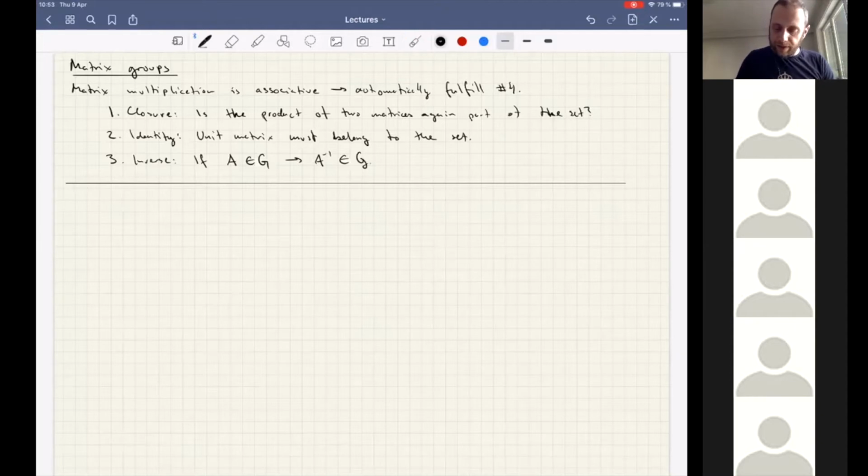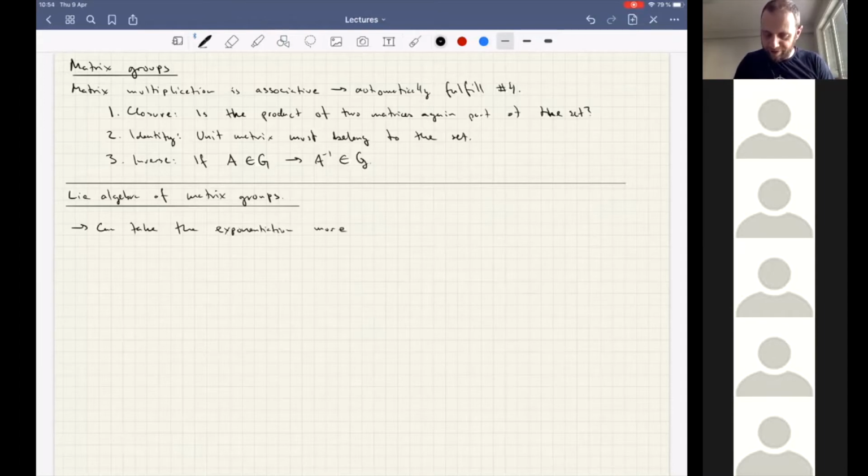And if we look at the Lie algebra of matrix groups, then what we can do is take this exponentiation more seriously, or more at face value, as the matrix exponential.